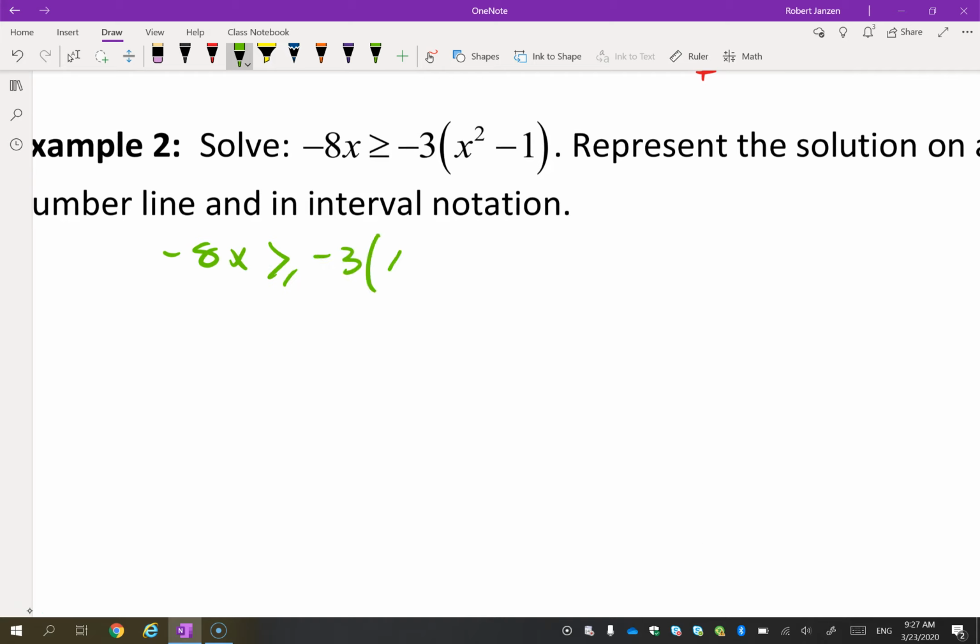So you can see that it doesn't look right. We again want to change this to an inequality where you have a 0 on one side. So let's take the negative 8x to the other side. And I'm going to FOIL this already.